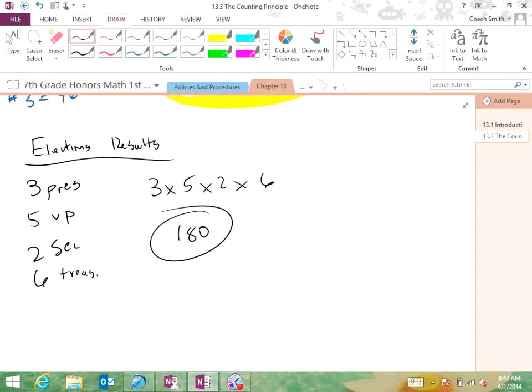Okay, they're just asking for how many different ways it could come out. Make sure you read that carefully, because there's not very many of them that are probabilities. Most of them are just talking about outcomes. Okay? Outcome is that. Probability would be like 1 over 180.